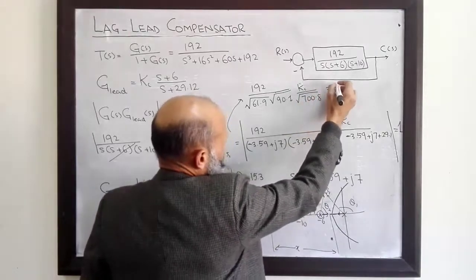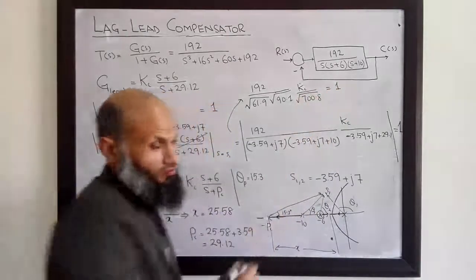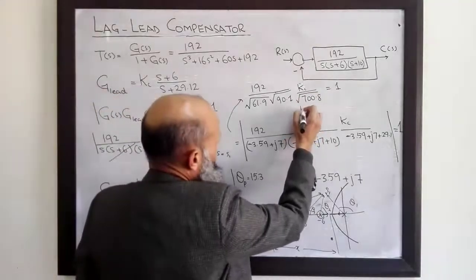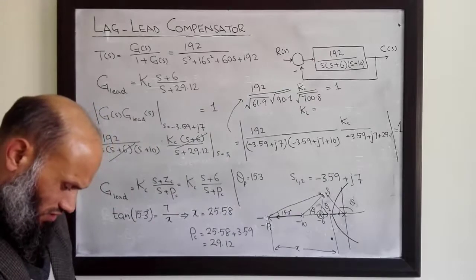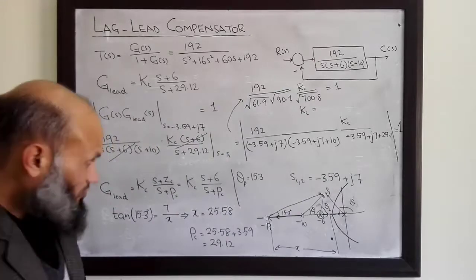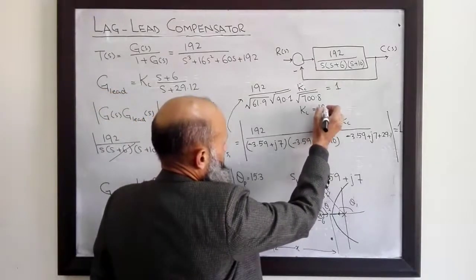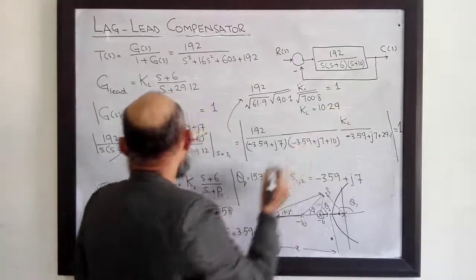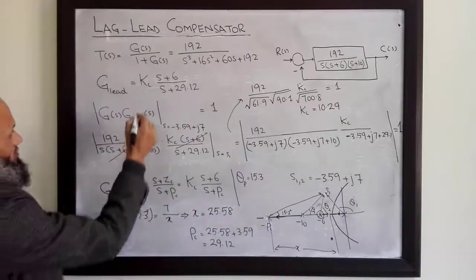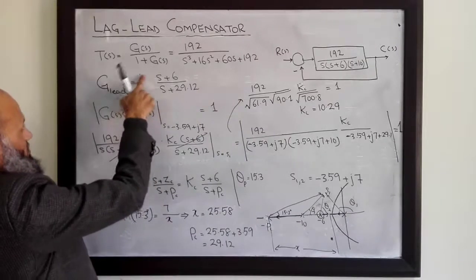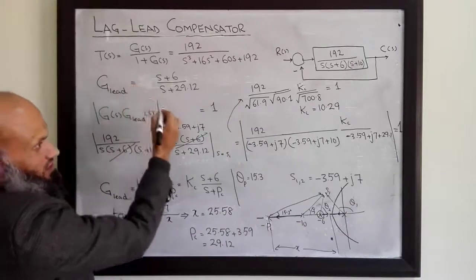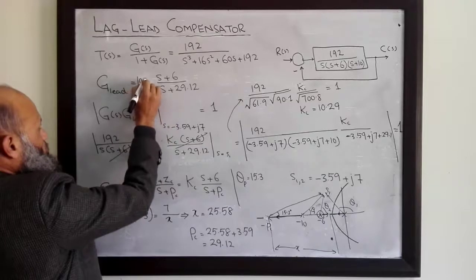So this must be equal to 1. From here, the value of Kc can be computed, which comes out to be 10.29. Hence, for the lead compensator, Kc comes out to be 10.29.